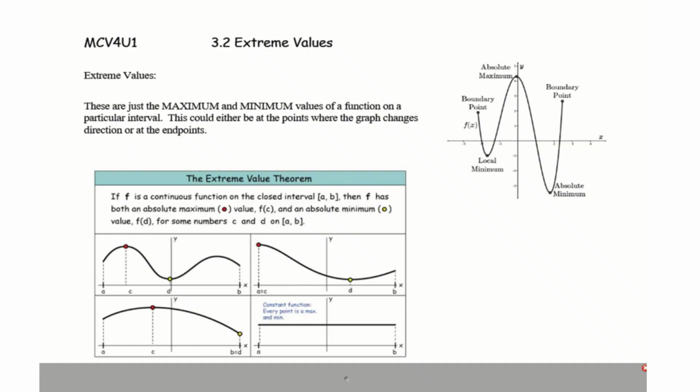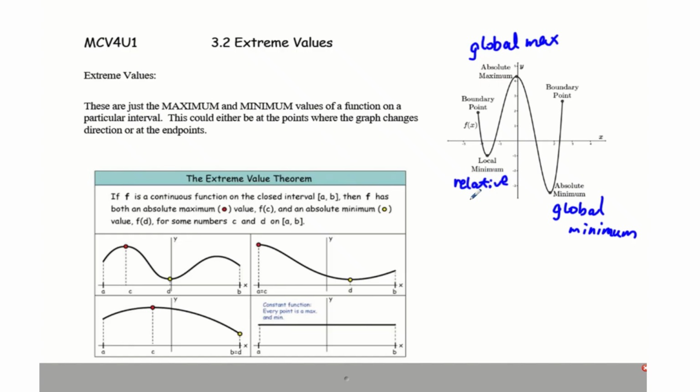We are going to continue. The absolute maximum we also call the global maximum or global minimum. And the local maximum or minimum we could also call relative maximum or relative minimum.